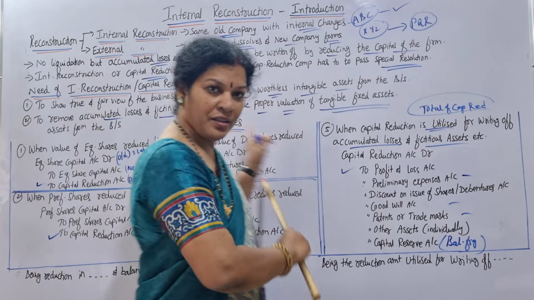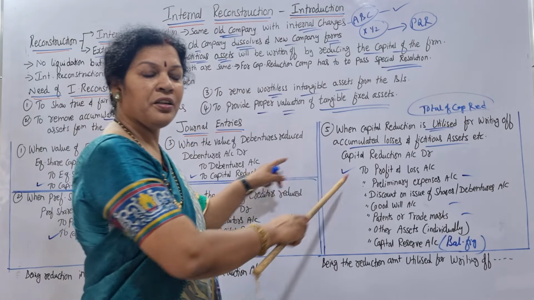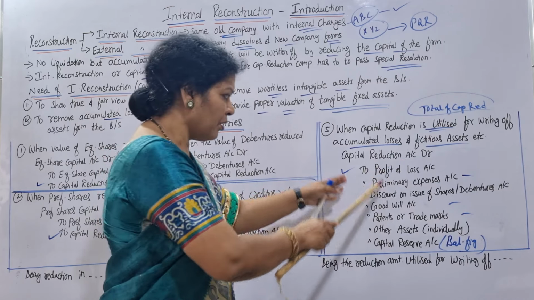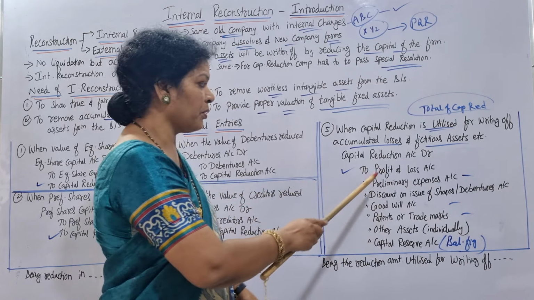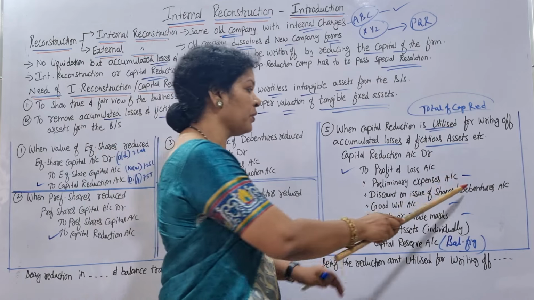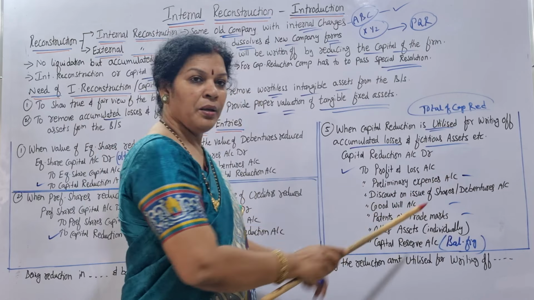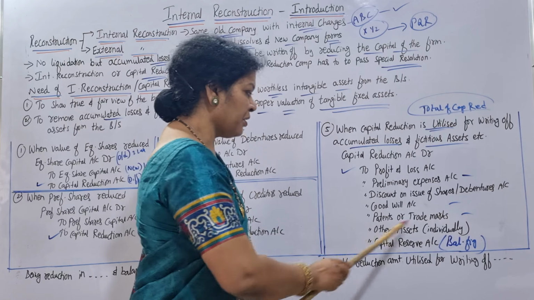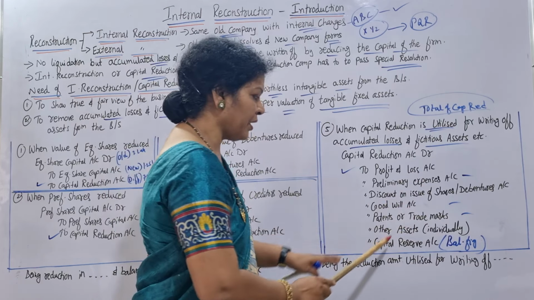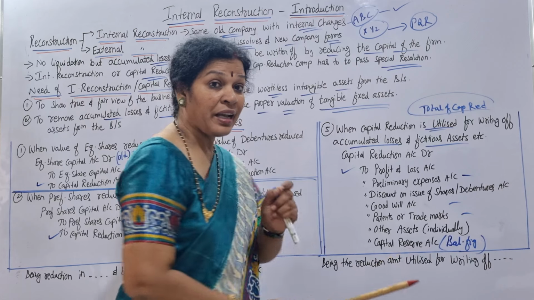That is why capital reduction was credited earlier and is now debited. Capital reduction account debit to all these things: profit and loss account, preliminary expenses, discount on issue of shares, discount on issue of debentures, goodwill, patents, trademarks, and other assets, if any are given. All these you will write, and lastly capital reserve.